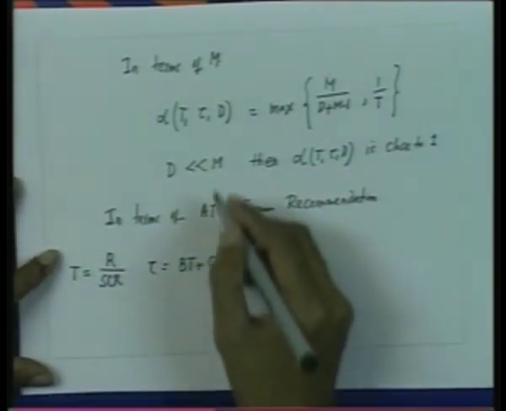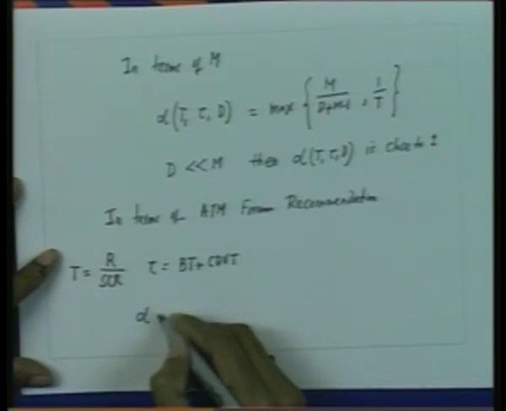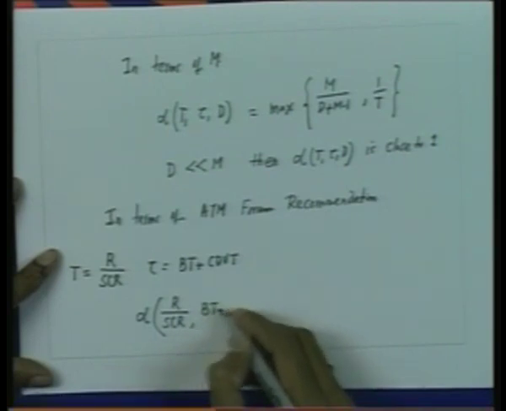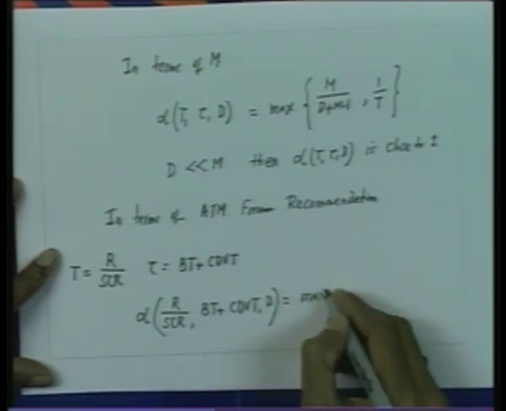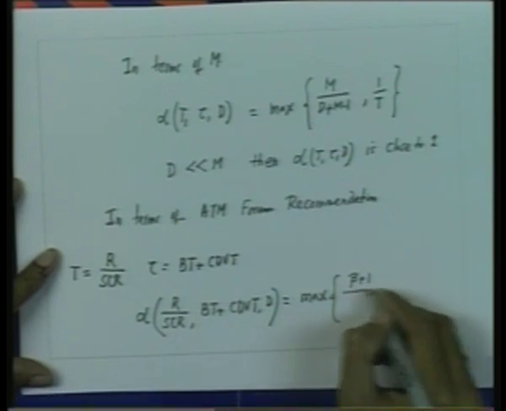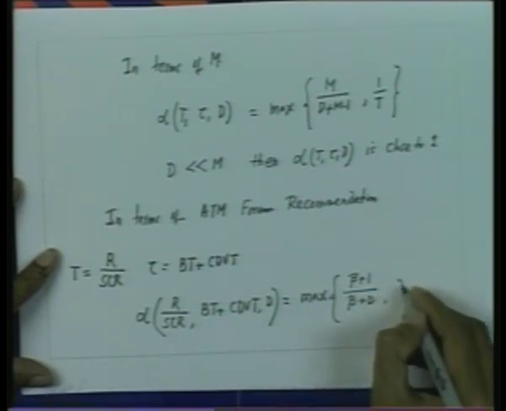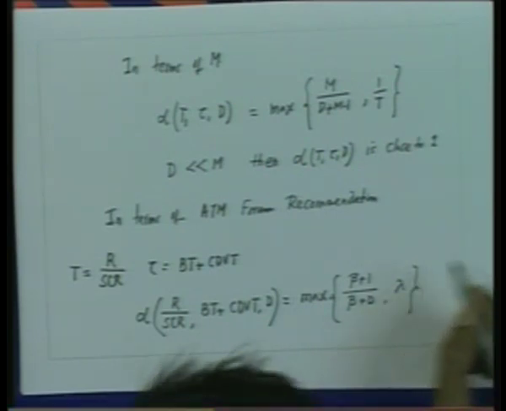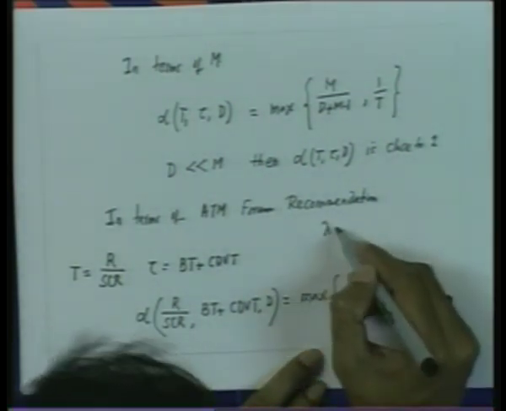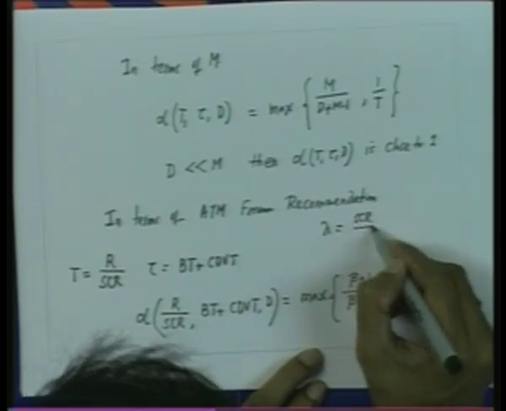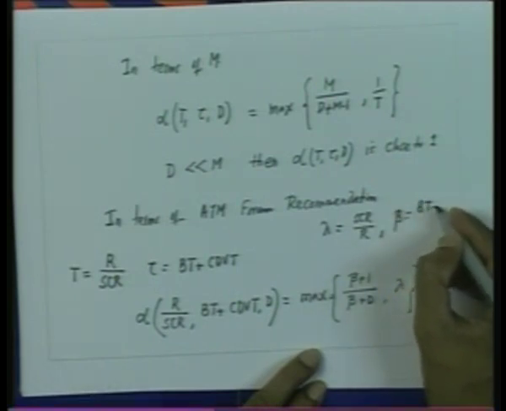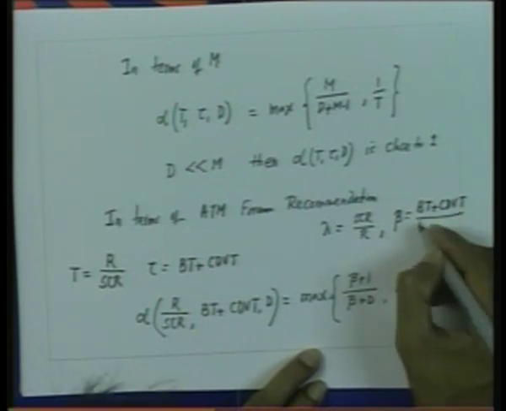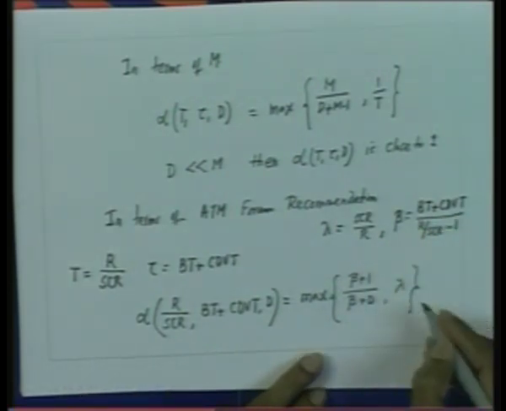So we can write the effective bandwidth in terms of these parameters, R, SCR, burst tolerance plus cell delay variation tolerance, and D, as max of beta plus 1 upon beta plus D is lambda, where lambda is nothing but SCR by R, and beta is nothing but burst tolerance plus cell delay variation tolerance divided by R upon SCR minus 1.